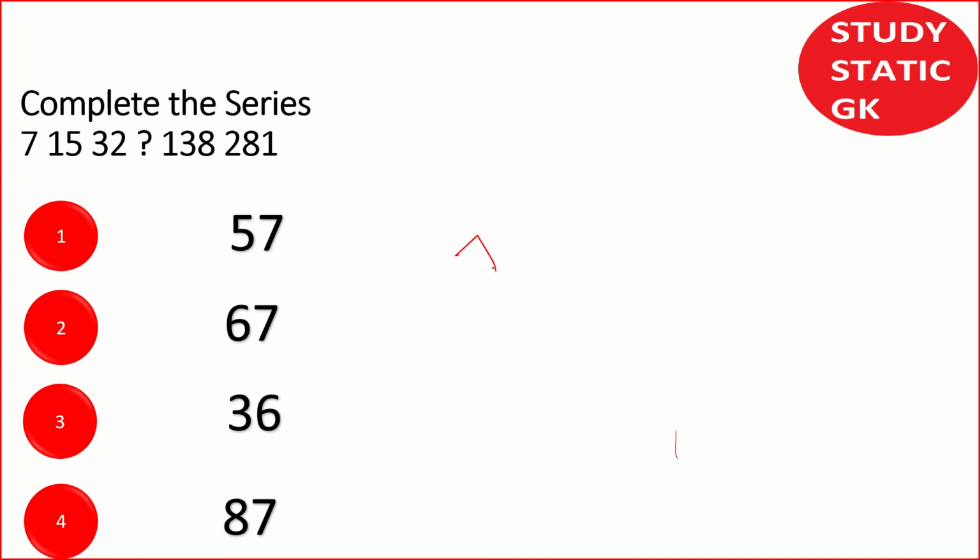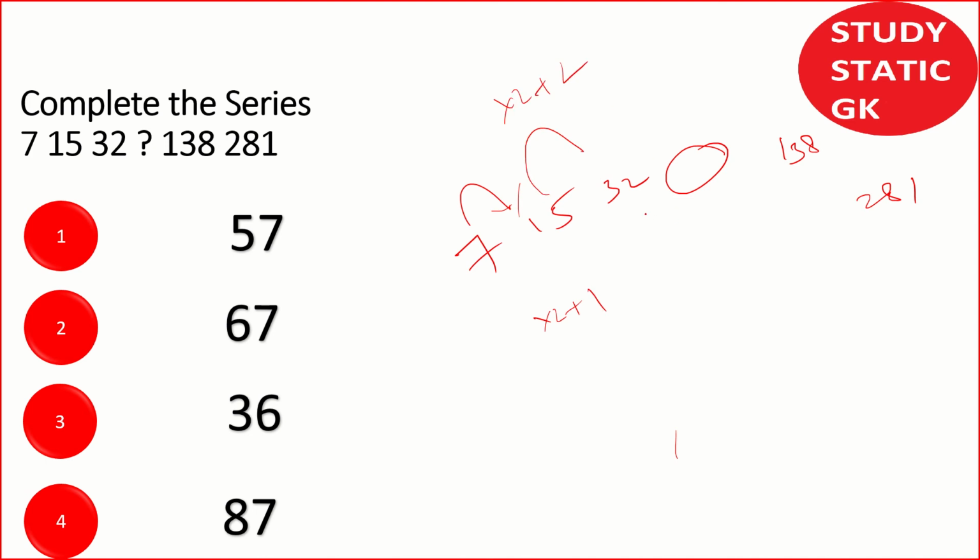Next, 7, 15, 32, 8, 138, 281. So clearly we can say into 2 plus 1, into 2 plus 2, into 3 plus 3, so 66 plus 3, so 69.